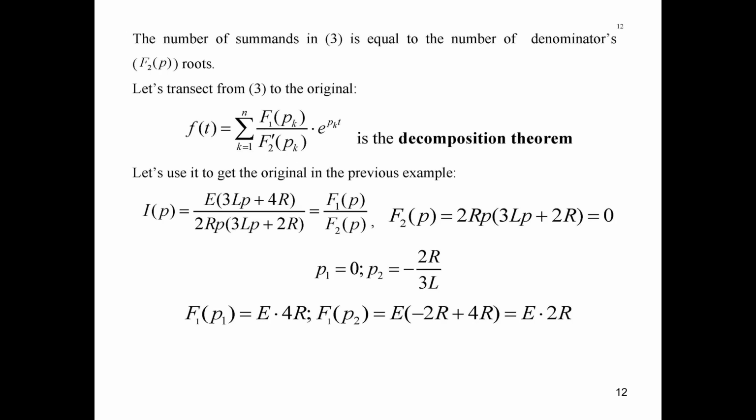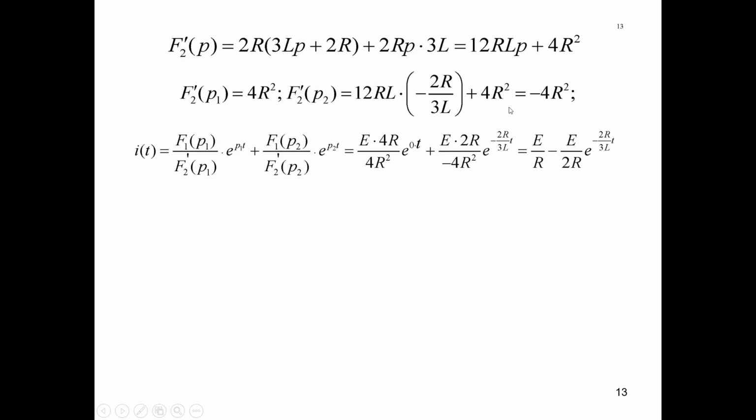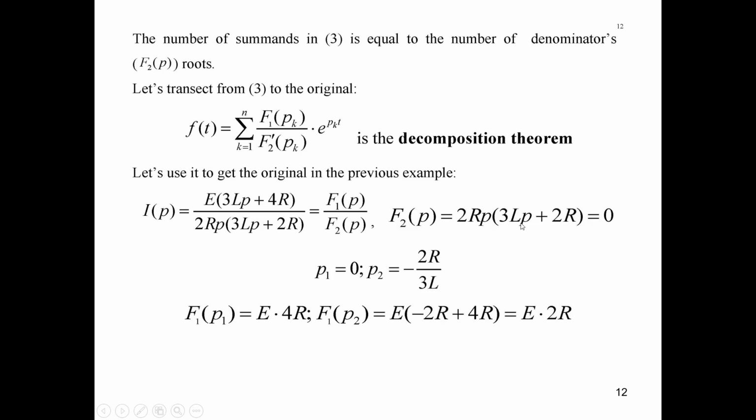Its derivative will be equal to 12rl multiplied by p, because it was p power 2, its derivative will be 2 multiplied by p. It's for the first item, and for the second item it will be 4rp.